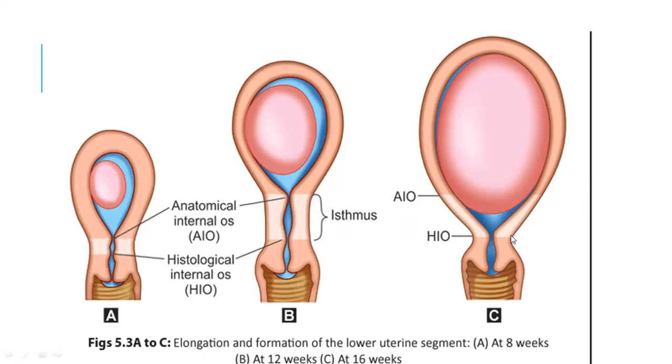And later at 16 weeks, it opens up from above downwards and accommodates into the uterine cavity. At term, this forms the lower segment of the uterus. So there is so much importance for the isthmus.